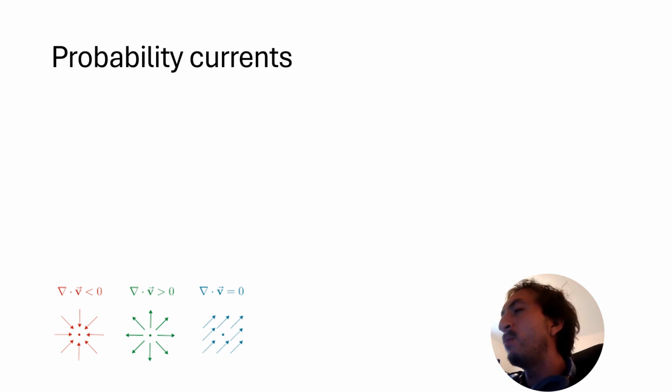So you might ask, well, what is a good conserved quantity in quantum mechanics? Well, a good conserved quantity is probability, by which I mean the probability of us finding the system in one of its possible states at any moment in time must always be 1.